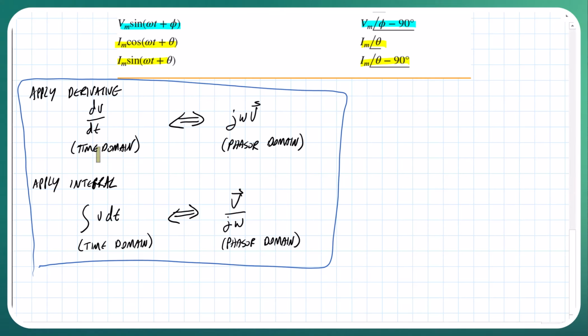V of t is time dependent, while this big V is not. And v of t in the time domain is always real with no complex terms, while V is generally complex. Just a couple things to consider as you move forward with AC circuit analysis.